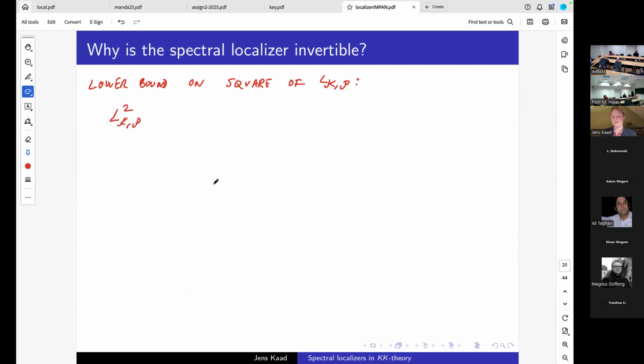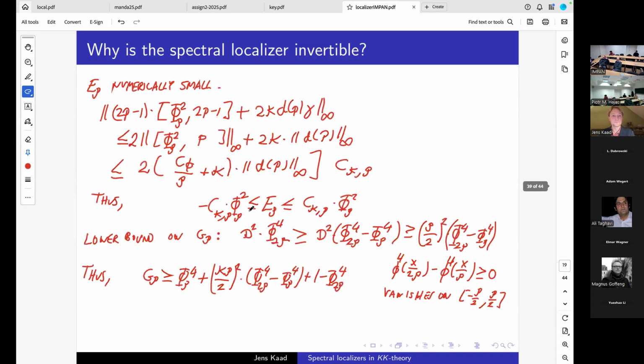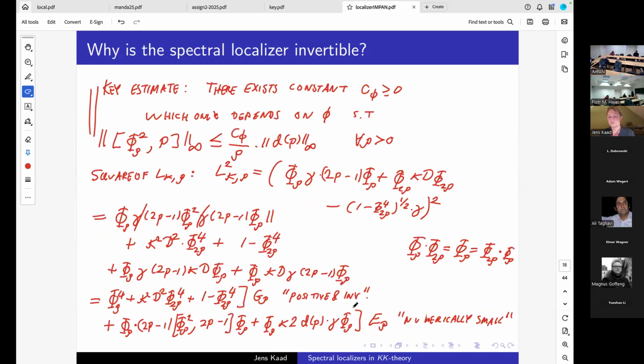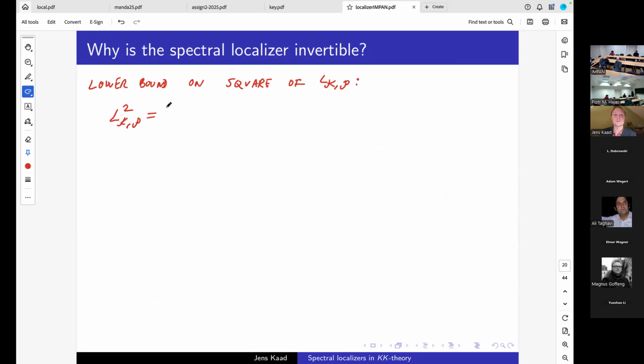That is what I computed for you right here: it's just the sum of G rho and E rho. We now have a lower bound for G rho and a lower bound for E rho, so I also get a lower bound for the sum of these two.